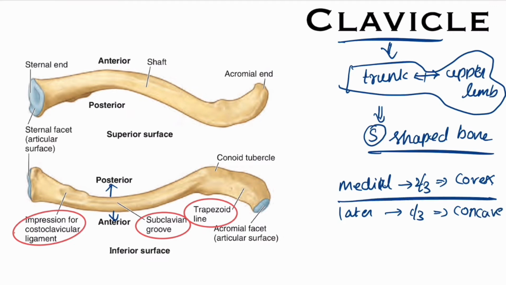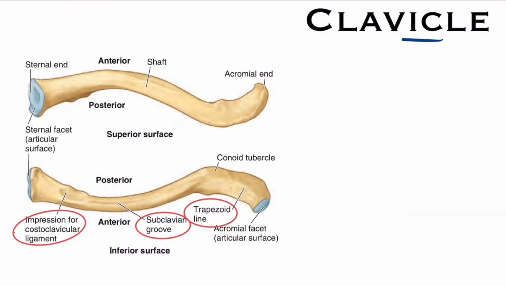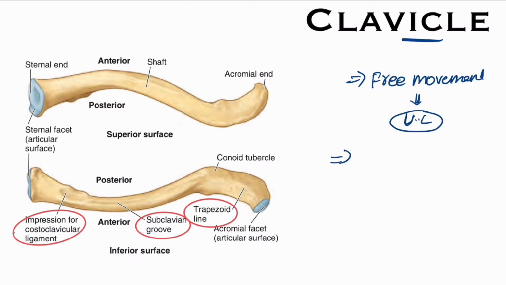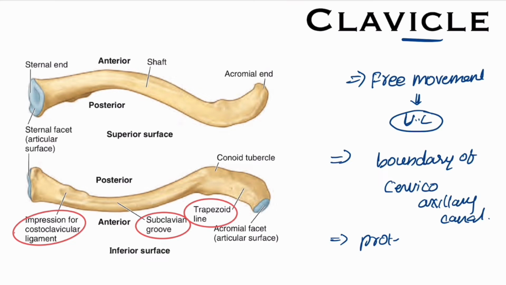This is the medial side and this is the lateral side. Medially it is convex and laterally it is concave. The clavicle keeps the limb away from the trunk, which allows free movement of the upper limb. And this clavicle also forms the boundary of the cervico-axillary canal, protecting the neurovascular structures.